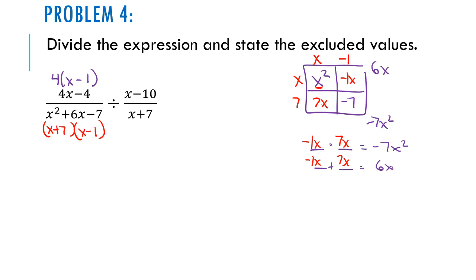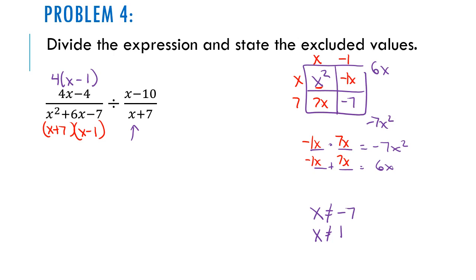Now before I do any keep, change, flip, because this is a divide problem, I do need to state my excluded values. So looking at the bottom, I have an x plus 7 there, so one of the excluded values is going to be negative 7. I have x minus 1, so one of the excluded values is going to be positive 1. I've already stated negative 7, I don't have to say it again.